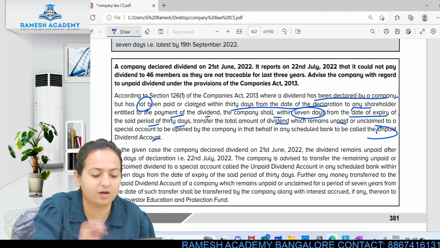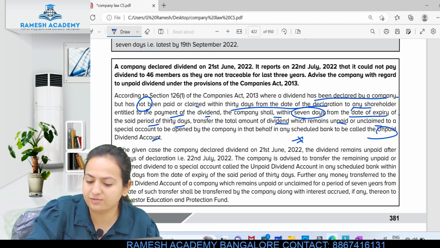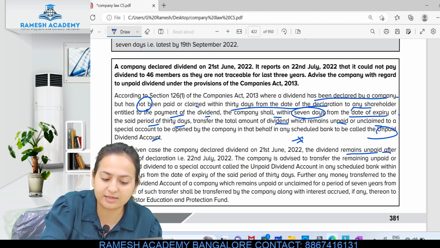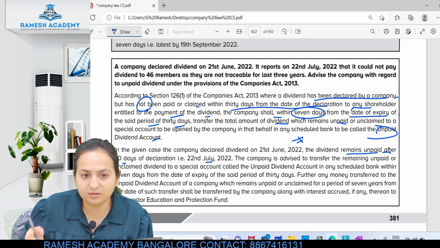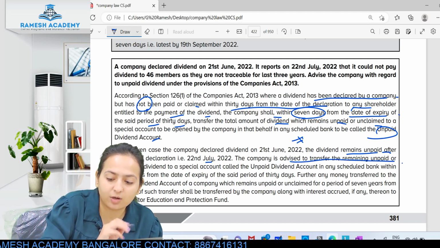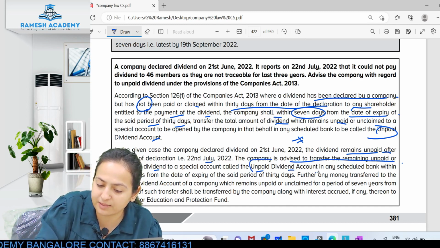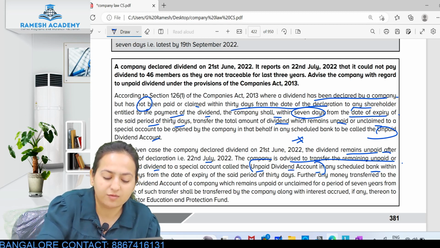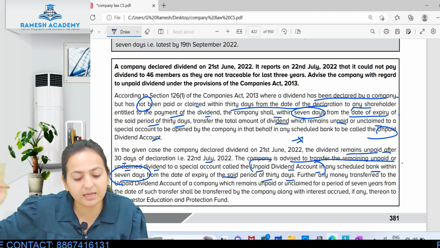Unpaid dividend account. In this case, when you declare the dividend on 21st June, the dividend remains unpaid after 30 days, that is, 22nd July. The company is advised to transfer the remaining unpaid and unclaimed amount to a special account which is called the unpaid dividend account, within 7 days from the date of expiry of the said period of 30 days.